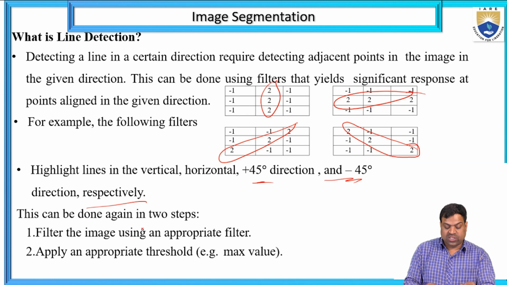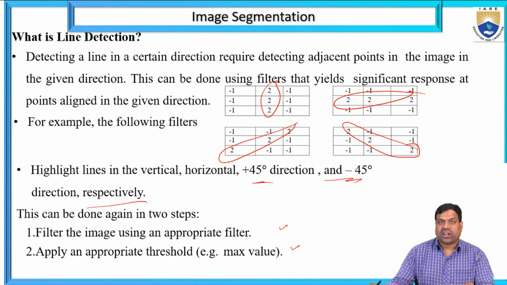This is called line detection, and it can be done in two steps: filter the image using the appropriate filter, and apply an appropriate threshold. So what does line detection mean? Detecting a line in a certain direction requires detecting adjacent points in the image in the given direction.